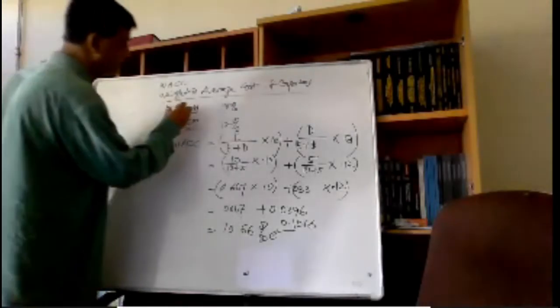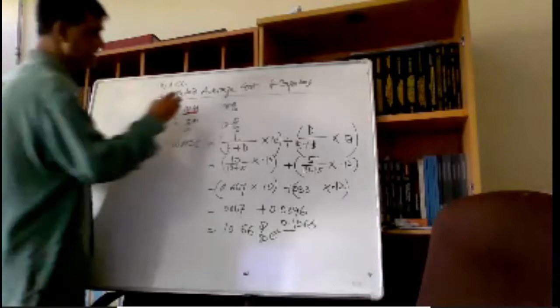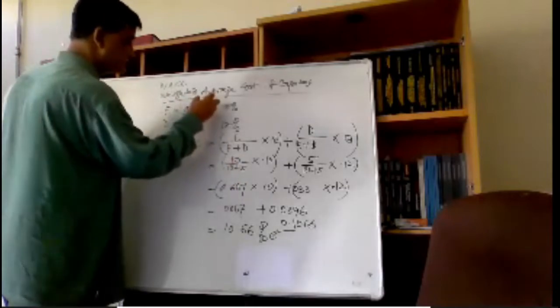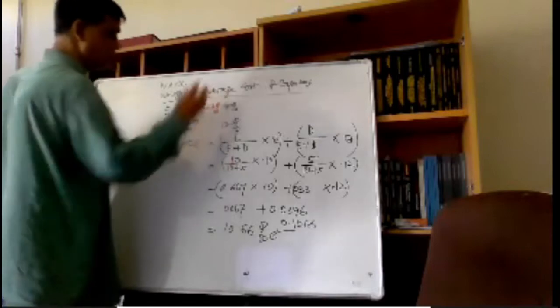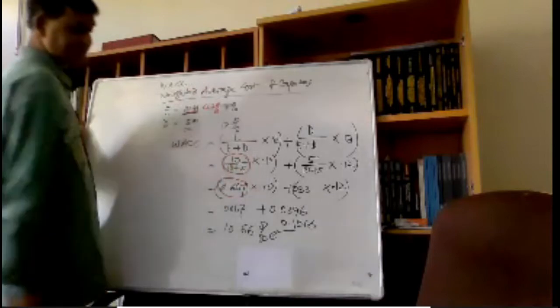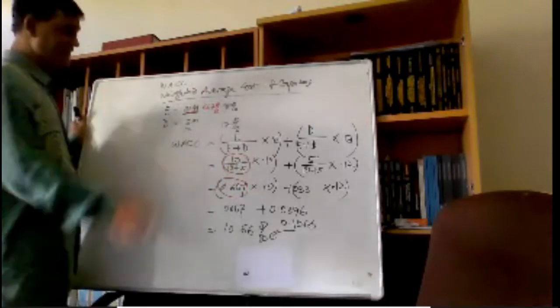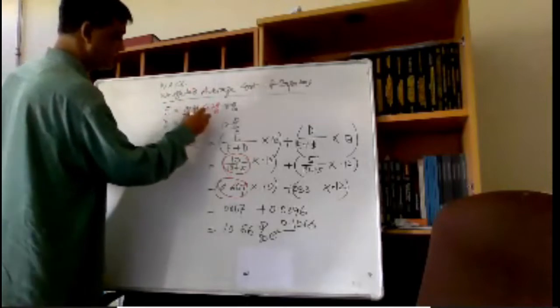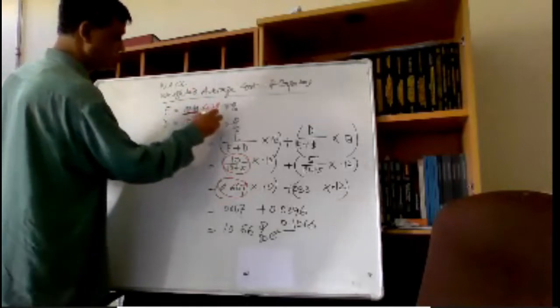Please be mindful. Sometimes we may not give you the amount, we give you the percentage. For example, 66.7% raised by issuing shares. Then you don't have to calculate it, the percentage is already given. Rather than 5 million, we give you the percentage of the amount raised by issuing debt.